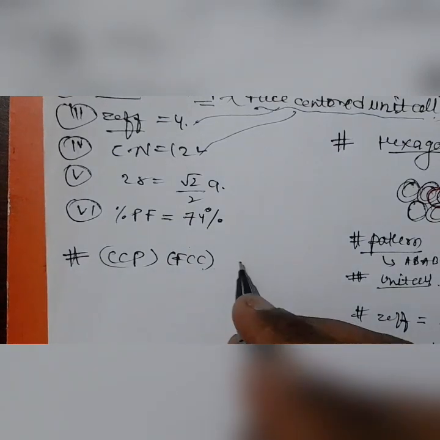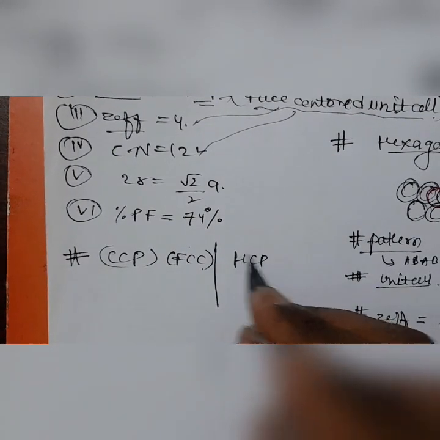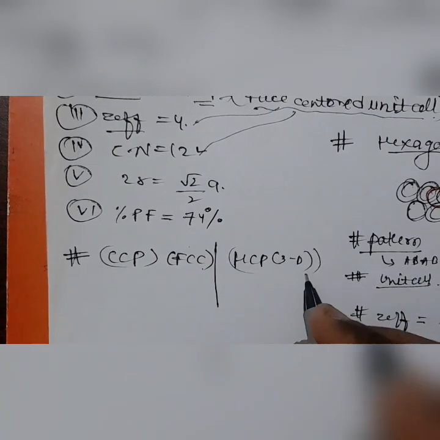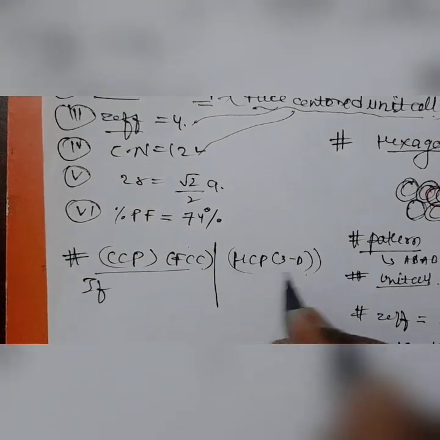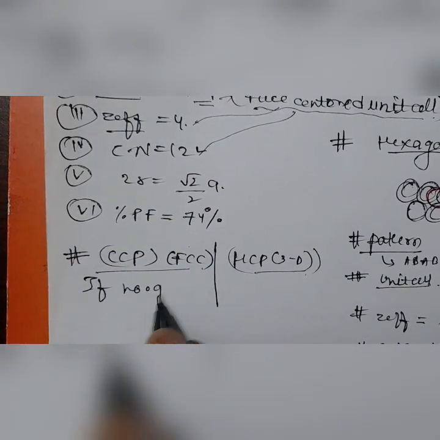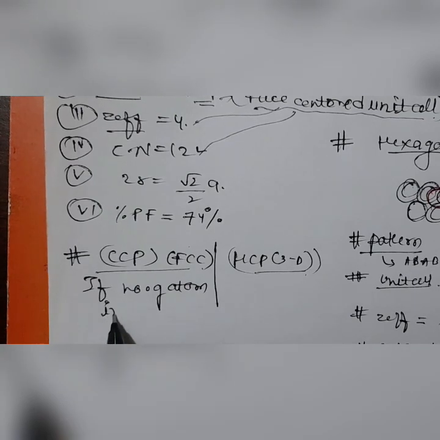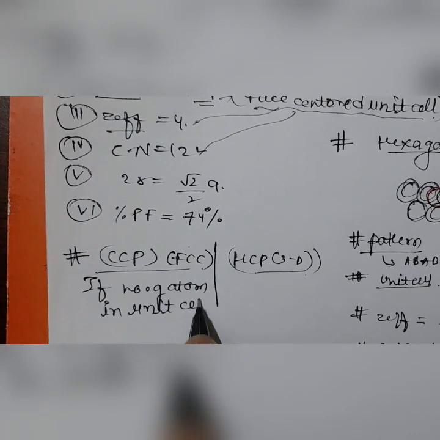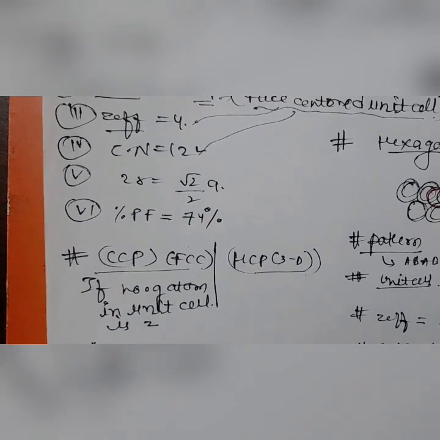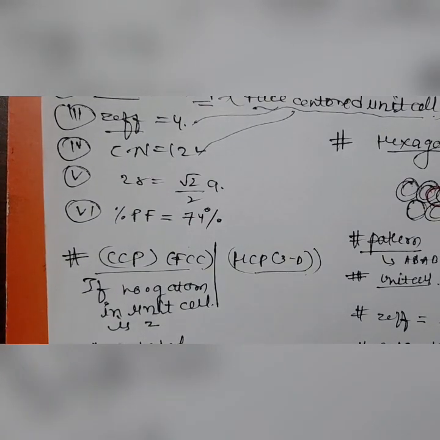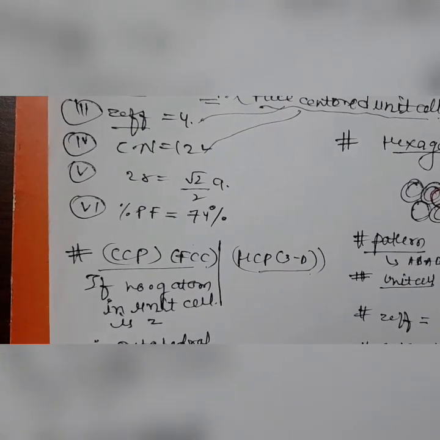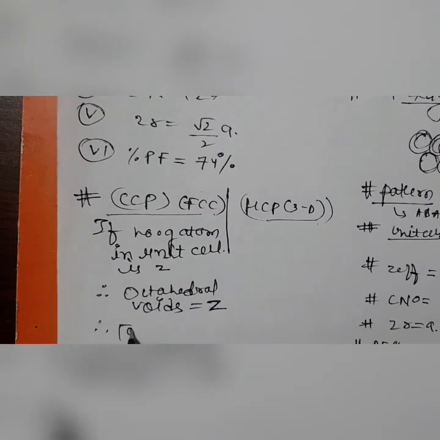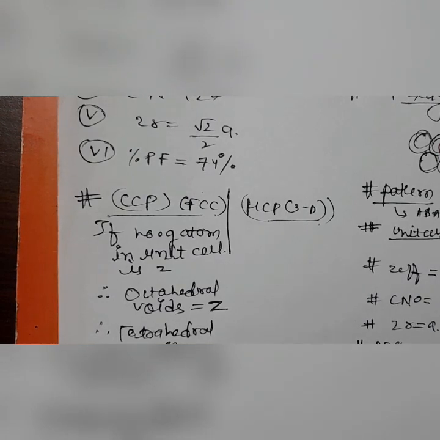Or secondly, SCP 3D packing of the unit cell. So if the number of atoms in the unit cell is Z, then octahedral voids are equal to Z, and tetrahedral voids are equal to 2Z.